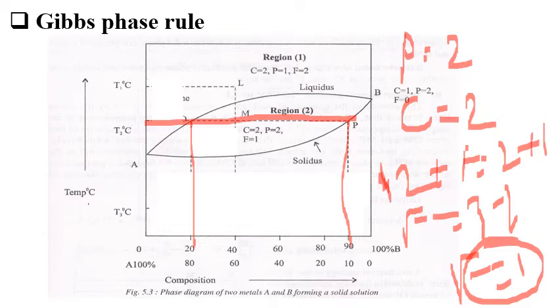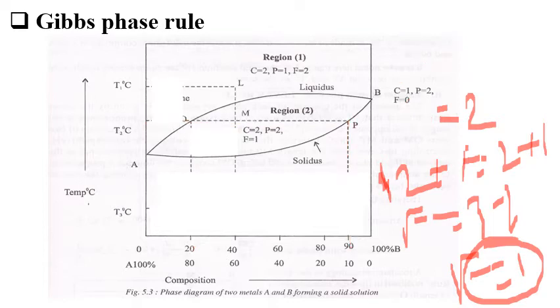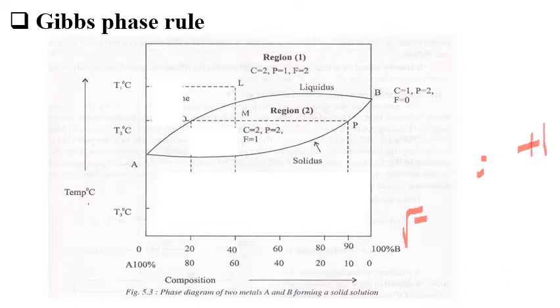If you keep any composition constant, for example if I take a composition here, one point is fixed, then I can vary the temperature. If I vary the temperature, the number of phases we are going to have are different.